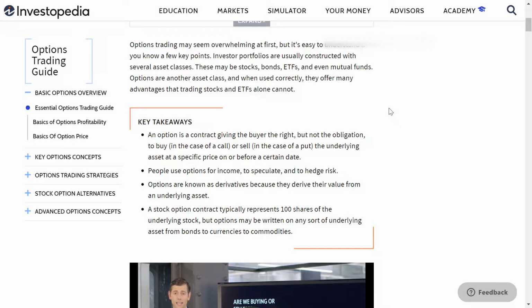But the short answer is that each option is the equivalent of 100 shares that are valued at a certain price based on the Greeks, based on different in the money, out of the money, at the money valuations, intrinsics and extrinsics. I'm going to cover all of that here.